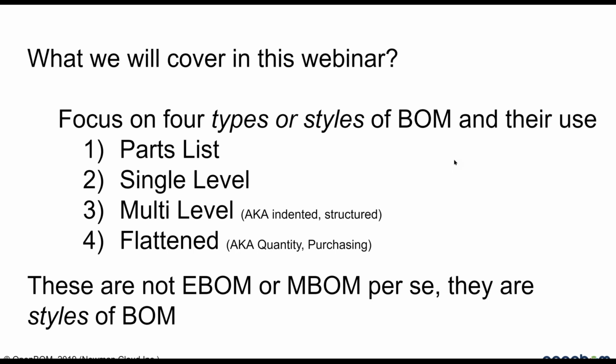Then flattened, which is also sometimes referred to as a quantity or purchasing BOM. The purpose of a flattened BOM is to bring all the items into a single list with the quantities, so that it can be used for purchasing. We'll dive into that a little bit more as well.